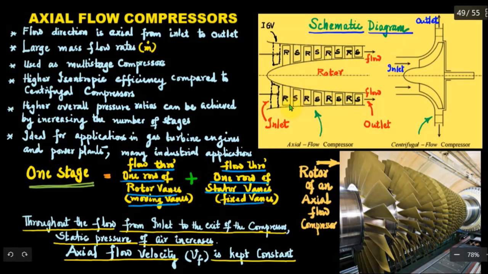The increase in absolute velocity of air implies the energy addition or energy transfer, while the increase in static pressure is due to the increase in the flow area from the inlet tip to the outlet tip of the vane passage. Now we will consider another important point.